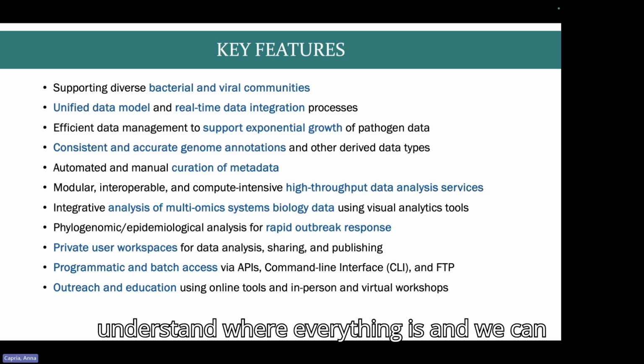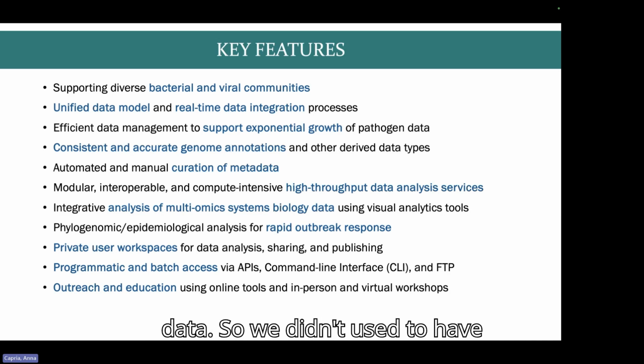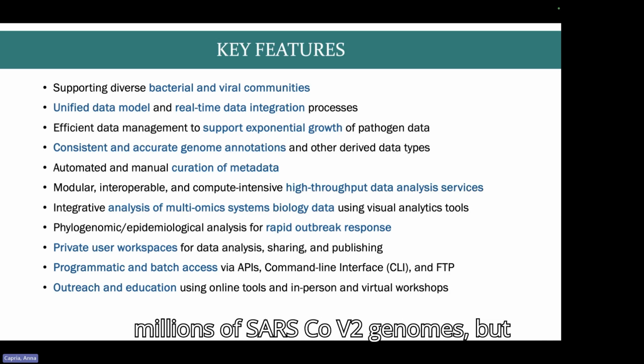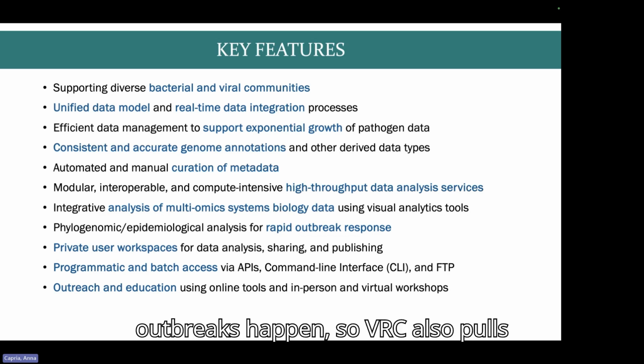And we can support exponential growth of pathogen data. We didn't used to have millions of SARS-CoV-2 genomes, but now we have tens of millions. So we can really support all of the data as viruses evolve and new outbreaks happen.